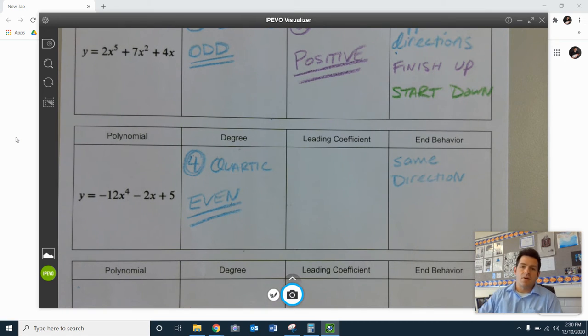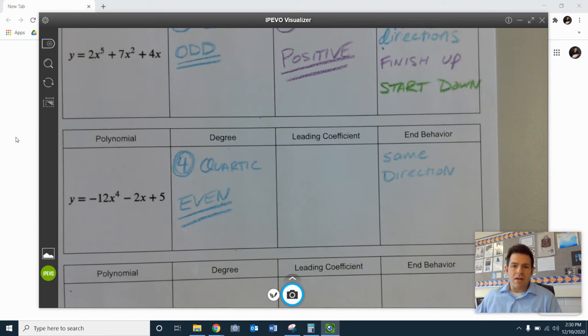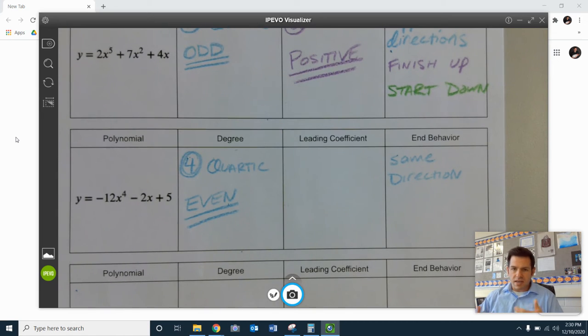So if it's an even degree polynomial, 2, 4, 6, 8, so on and so forth, we expect the graph on the left side and the right side of the picture to be doing the same exact thing.